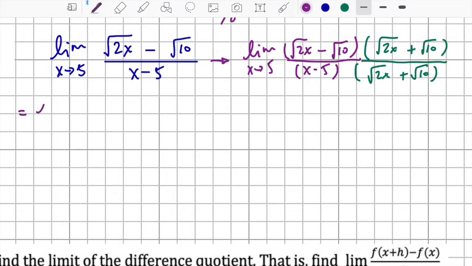So if I rewrite it, it's going to be this. Limit as x approaches 5. Square root of 2x times square root of 2x is just 2x. And then minus square root of 10 times square root of 10 is 10, over all of this, x minus 5. And then write out the other factor.